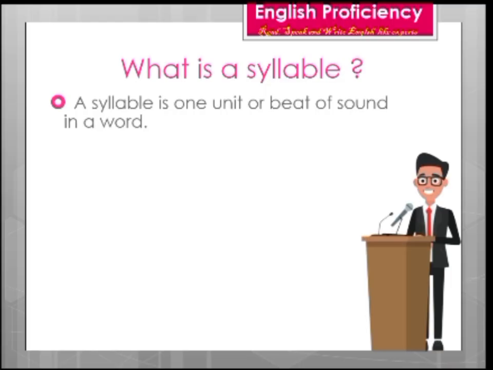You will notice that in the course of trying to pronounce Godwill, I will have a break. I will call God, I will stop before I call will. So this is what I mean by one bit of sound.